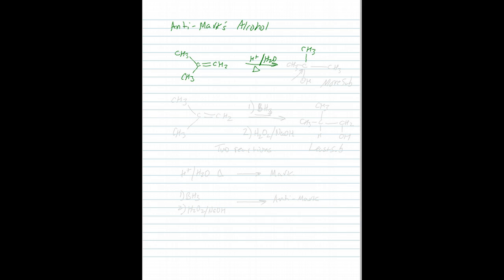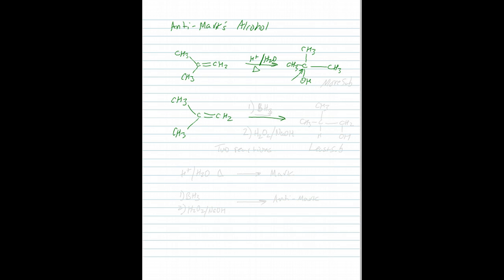This is just review from last page: your OH is on the more substituted carbon. Well, the anti-Markovnikov reaction puts the OH on the opposite carbon, on the least substituted.